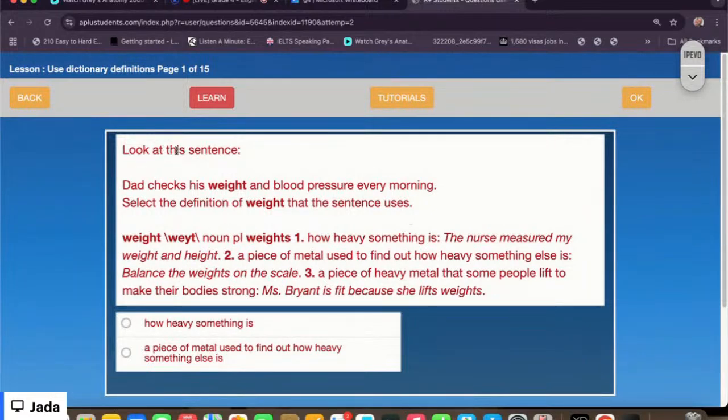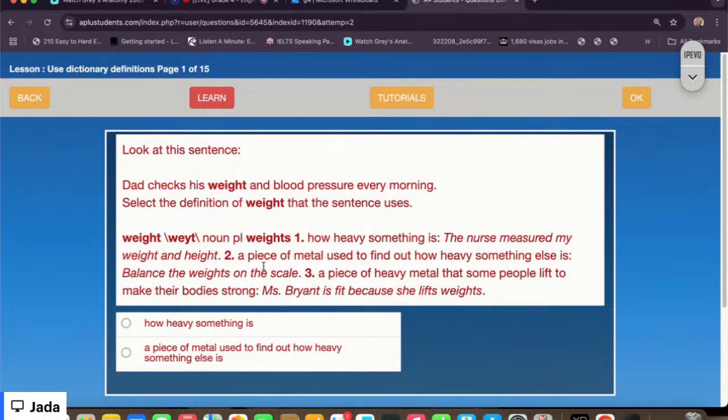So we have, look at the sentence: Dad checks his weight and blood pressure every morning. So select the definition of weight that the sentence uses. So we have different definitions of weight here. We have to choose the one that is suitable to the sentence. So we have how heavy something is, a piece of metal used to find out how heavy something else is. So which of these is the right one?